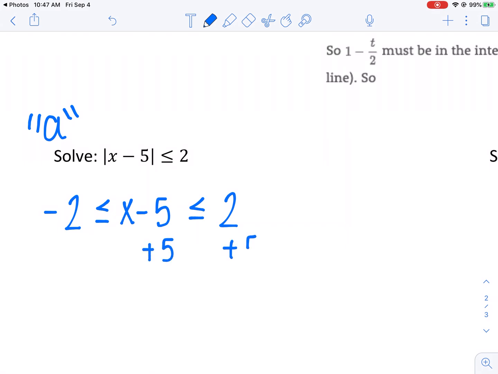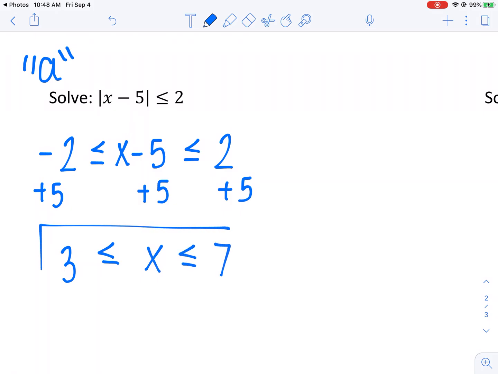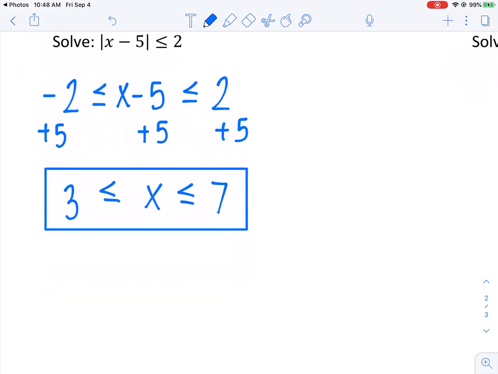Add 5 to all three parts. You'll get 3 less than or equal to x less than or equal to 7. Notice I didn't multiply or divide by a negative, so I don't have to worry about any flipping. If they want it in interval notation, here we go.